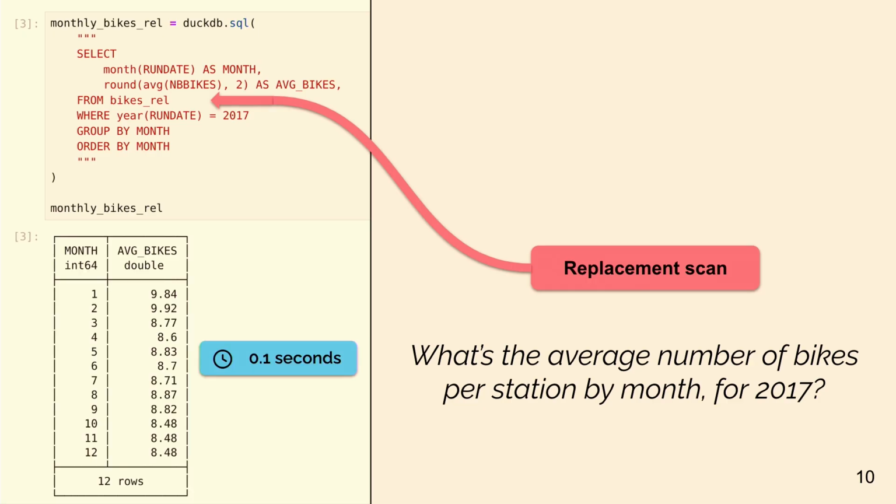So this result set comes back really, really quickly. Again, this took 0.1 of a second to parse over that same file and pull out just the relevant data to solve this question.